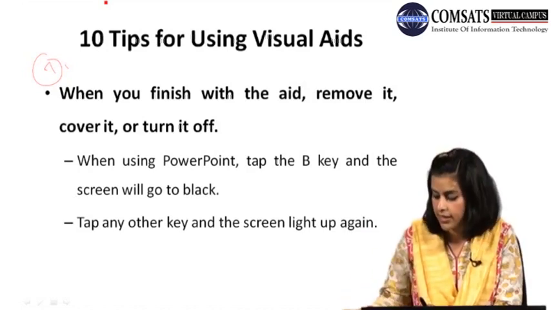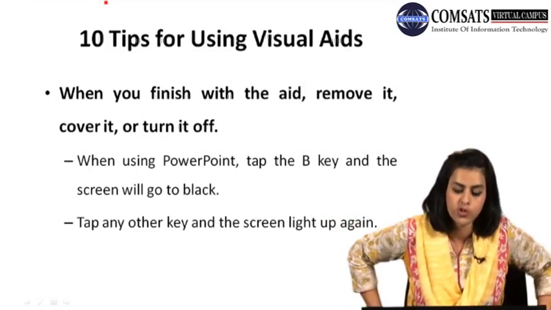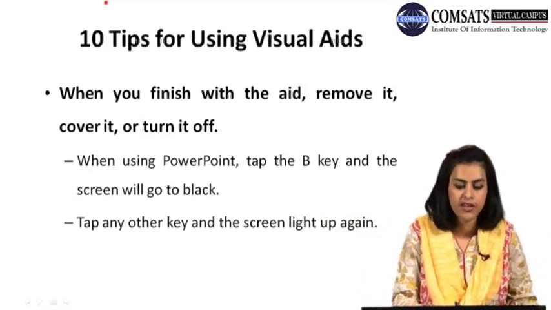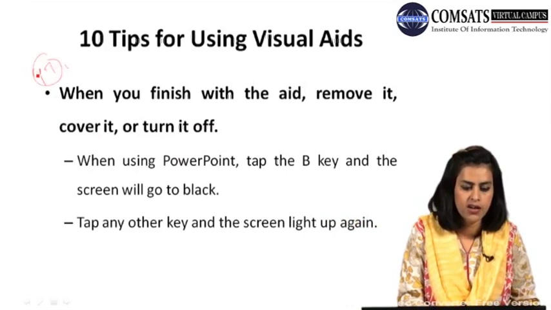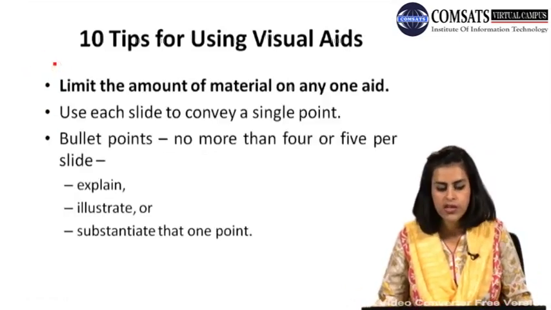Let's press the B key and your screen goes off. It would be totally blank, B for blank. For returning it back, click or tap on any other button and your screen will light up like this. So this is what you are supposed to do once you have finished with the aid. That was your tip number 7.